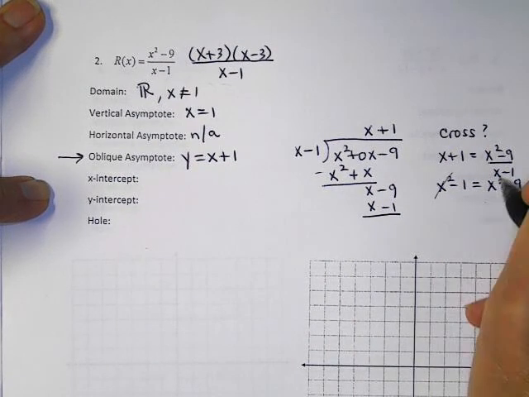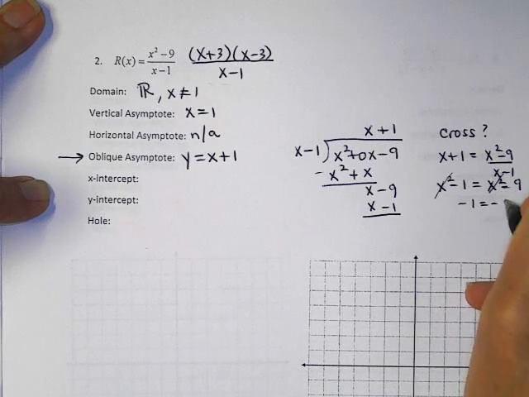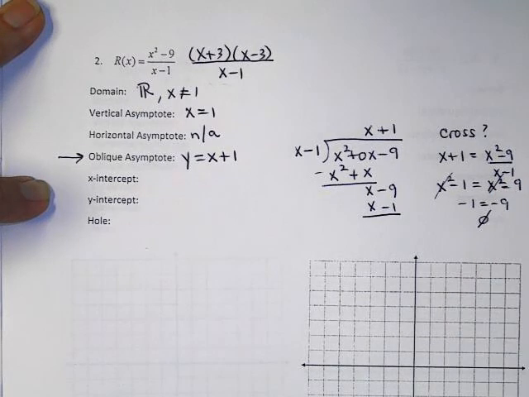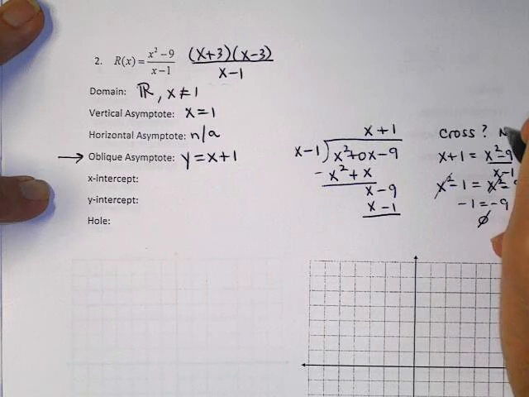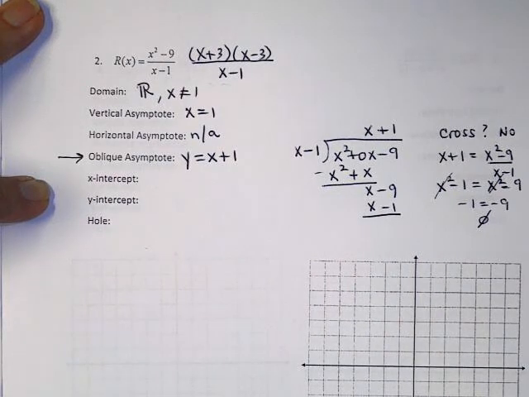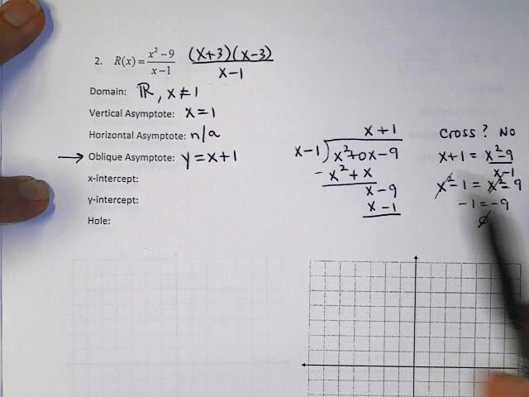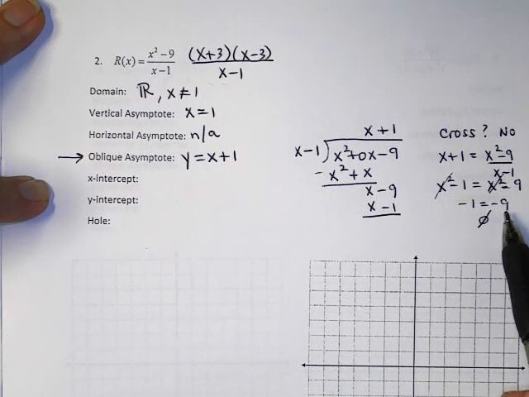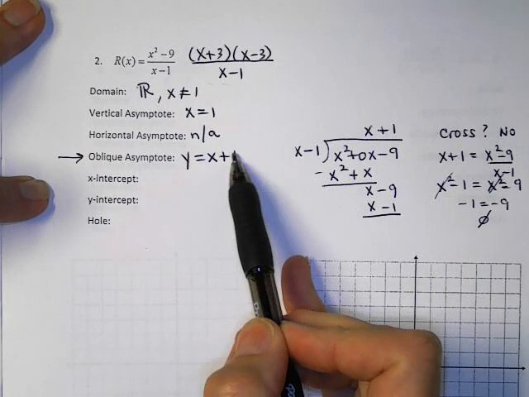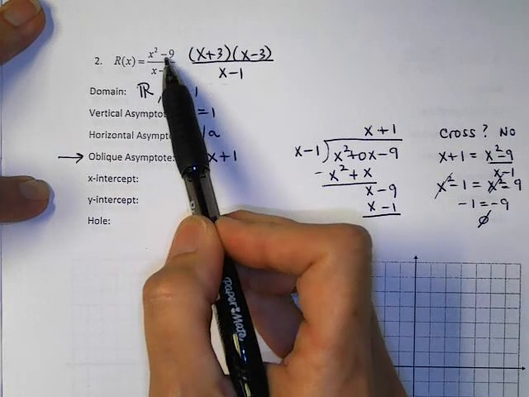My x squareds drop out. I get -1 equals -9, which means there is no solution. So in this case, it does not cross. Okay? So that's how we can check. So you always need to find a horizontal or an oblique, and then if you have those, you always have to check to make sure it's crossing by setting the asymptote equal to your function.